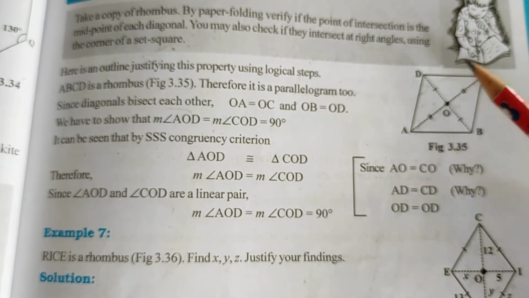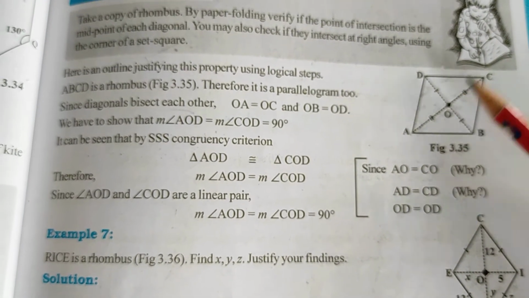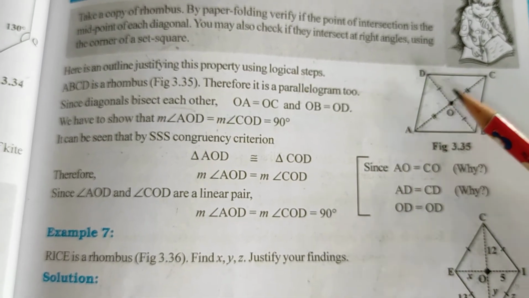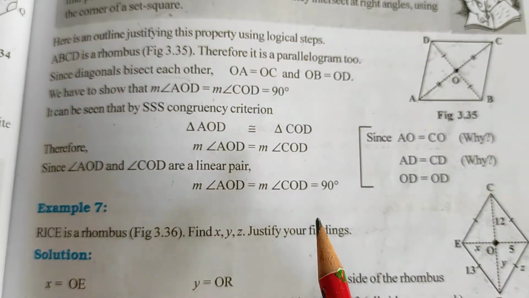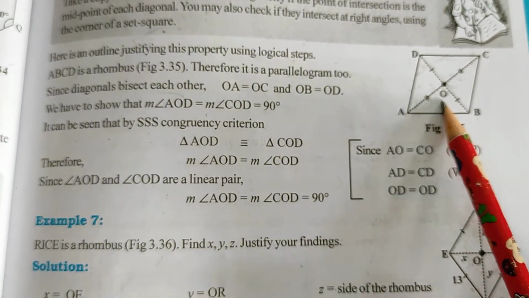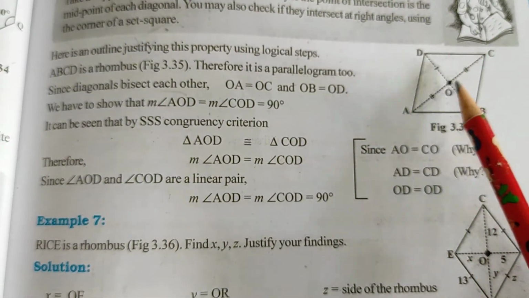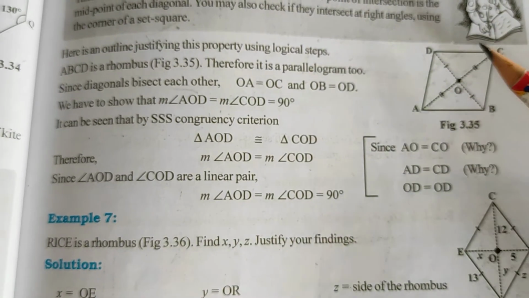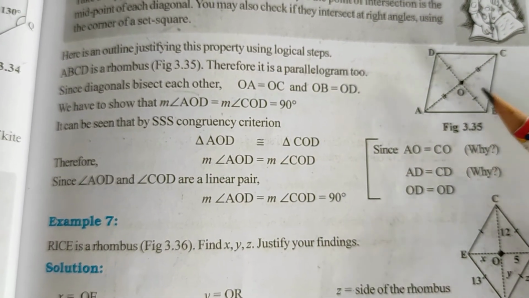This angle will be this angle, this angle will be this angle. And you can see here a linear pair, so this angle will be this angle, so this angle is 90 degrees. So triangle AOD is congruent to triangle COD, and they are forming a linear pair.